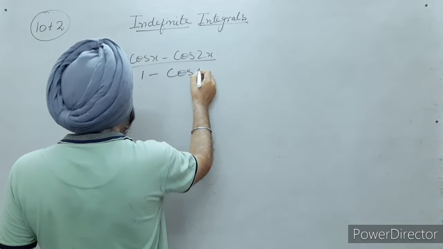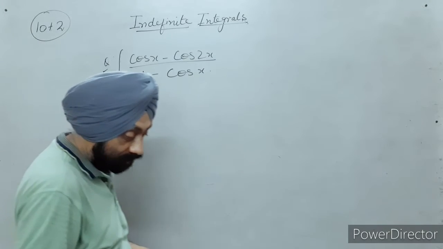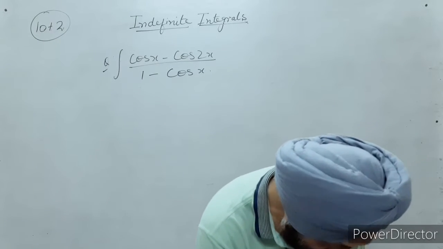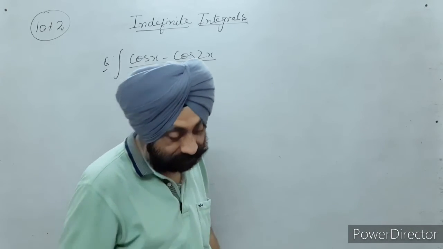1 minus cos x. Now, how can we do this question? It is cos x minus cos 2x divided by 1 minus cos x.